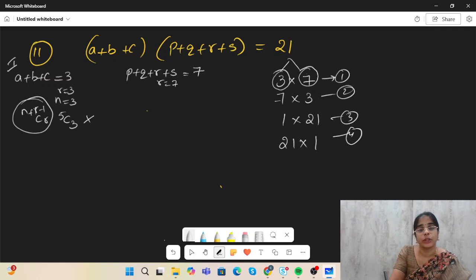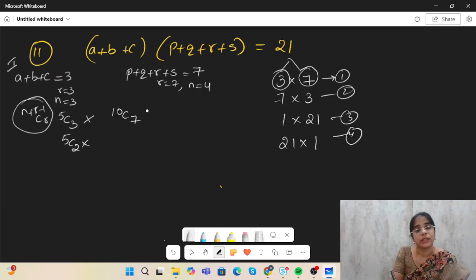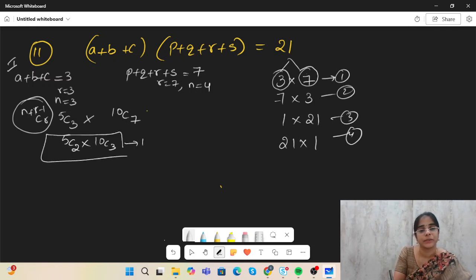Your r equal to 7, n equal to 4. So n plus r, 7 plus 4, 11, 11 minus 1, that is 10C7. Right? So you can still write it like 5C2 times 10C3. This is my first case answer.